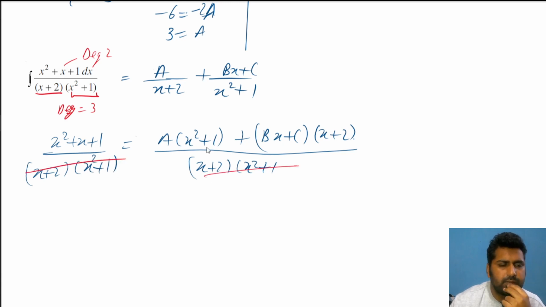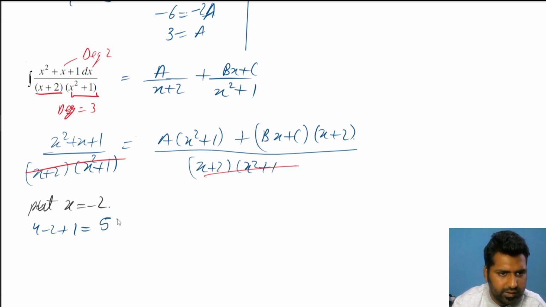Denominator cancels, apply the shortcut, put x as something which makes the factors 0. If I put x as minus 2, what do you get? Left side you get 4 minus 2 plus 1, is equal to, this is minus 2 square is 4 plus 1, so 5a basically, and this whole thing will become 0, so this is coming out to be 3 by 5 is your a.